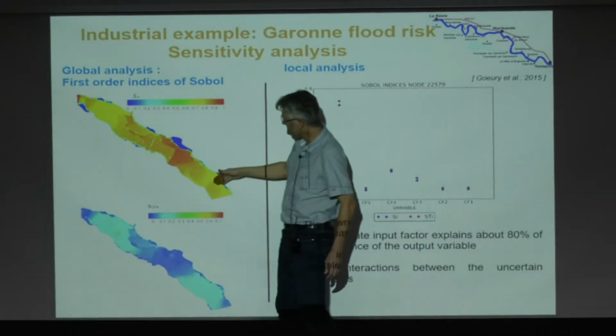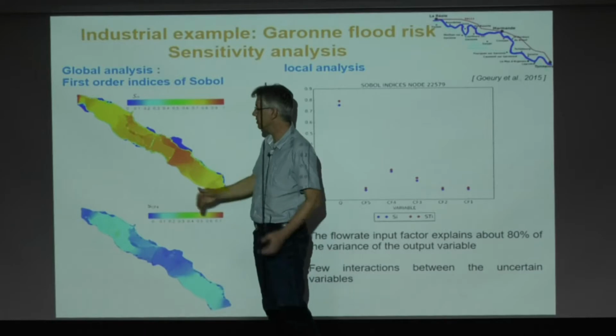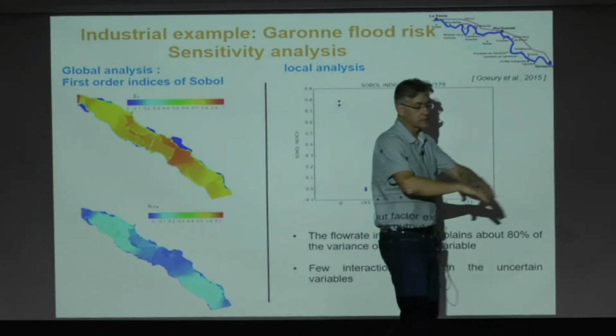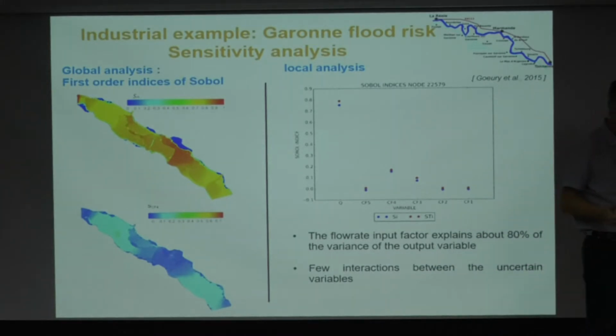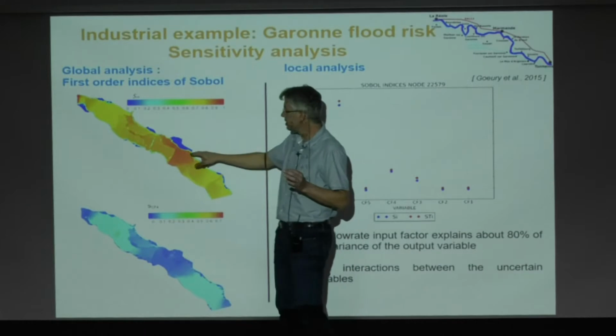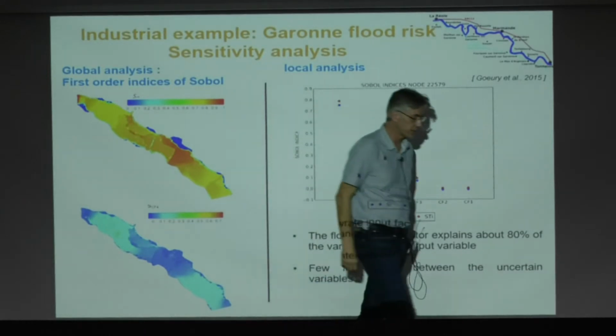And we can see this at different locations because our simulation model returns the spatial map of water level. So we have one sensitivity index at each location on this spatial map.